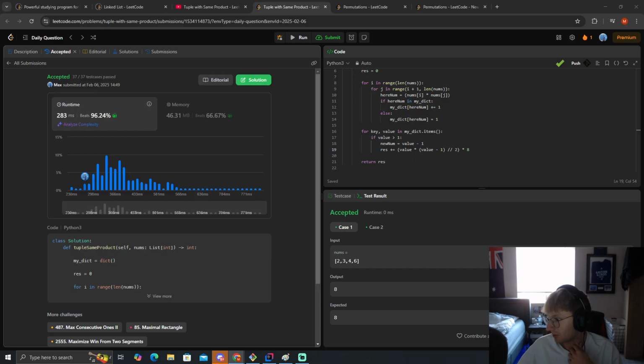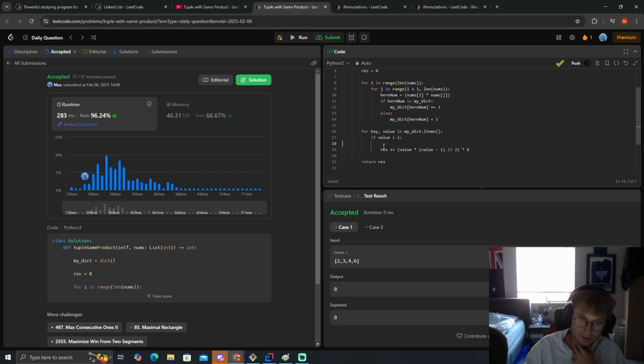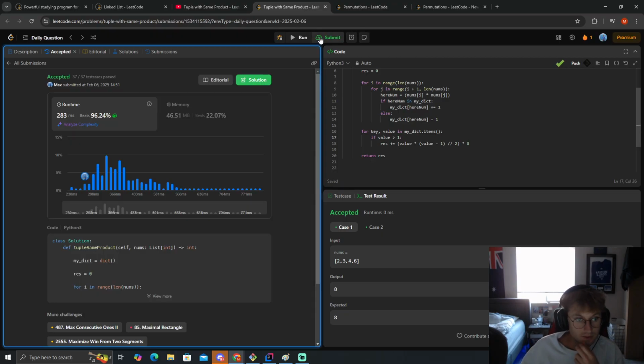Is combination formula value? I guess this is not needed. Let's submit it before we... Oh, there you go.